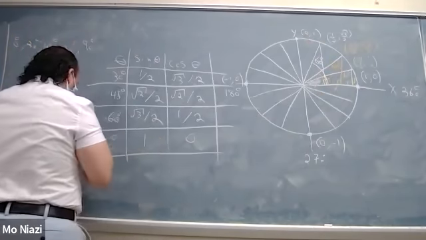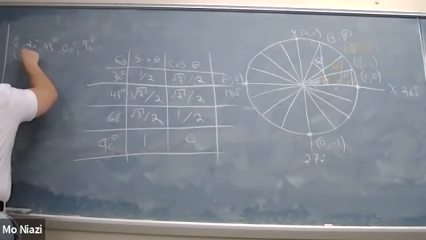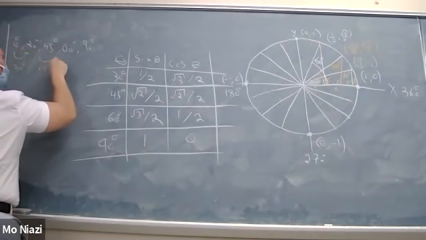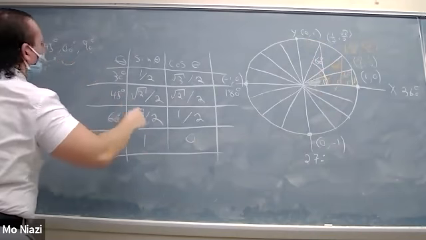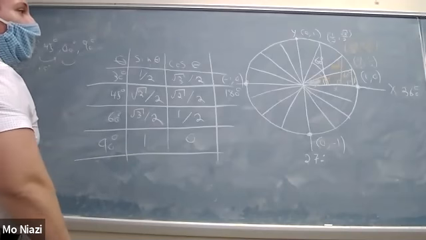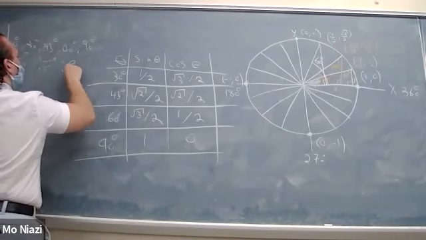What's going on here? What's going on here is a pattern. It's called a 30, 15, 15, 30.